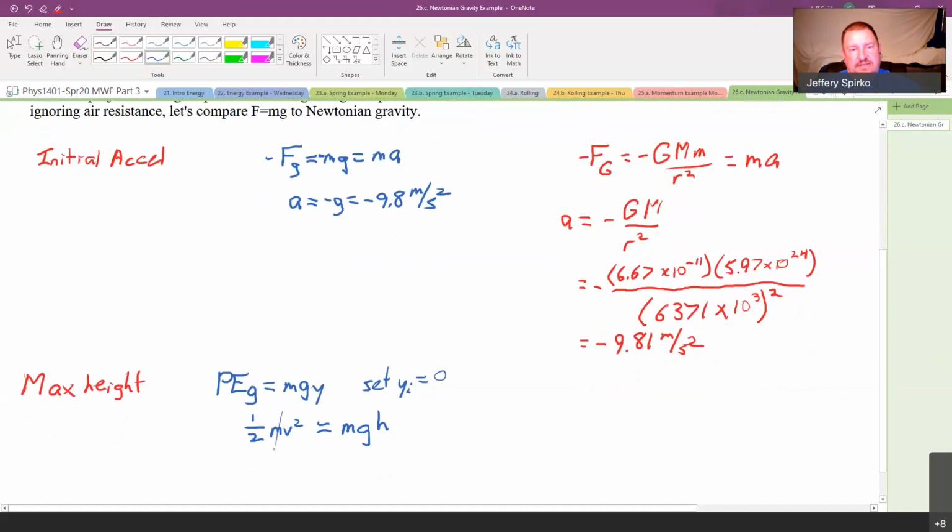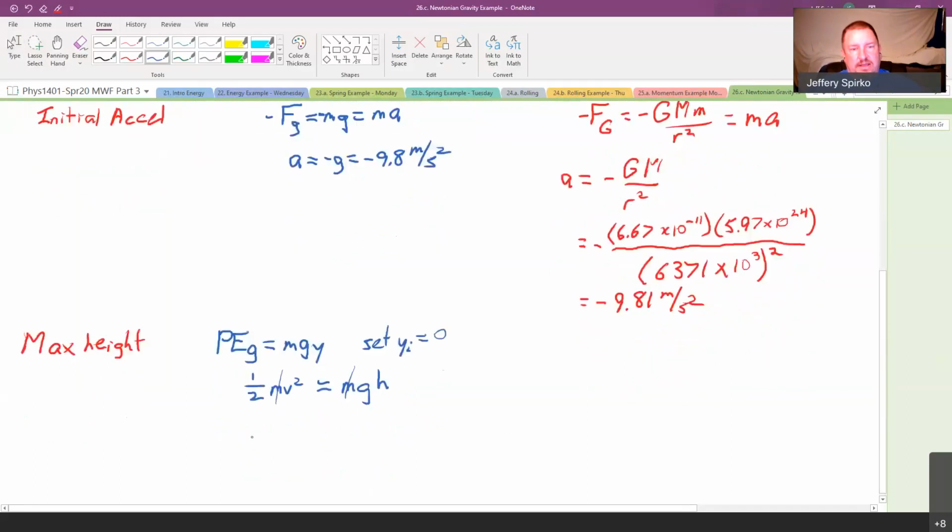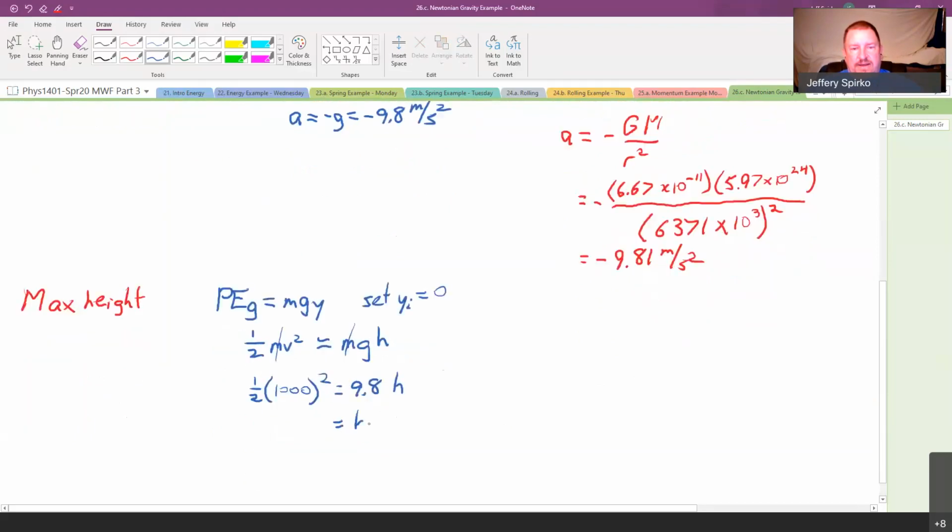And then the little m's cancel, and we can plug in 1/2 times 1000 squared equals 9.8 h, and find out that h is 0.5 times the 1000 squared, divided by 9.8, and we get 51,020 meters is our max height.